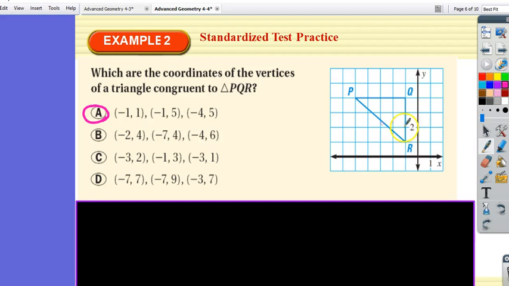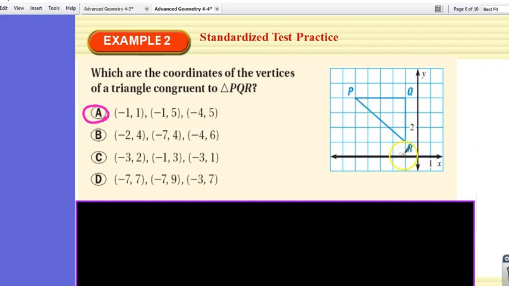So let's try the next one. Counting out the sides, 1, 2, 3, 4, 5, 6, 1, 2, 3, 4, 5.